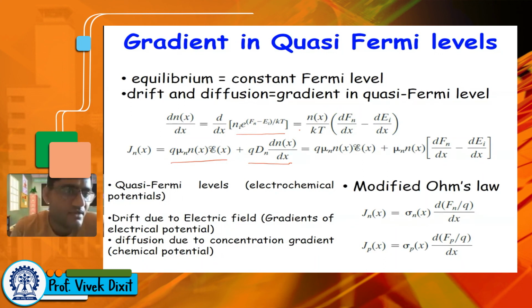So these electrons and holes will have separate or different Fermi levels, right? We call them Fn for electrons and Fp for holes. So for electrons, we can express electron concentration as ni exponential (Fermi level minus intrinsic level) divided by kT.